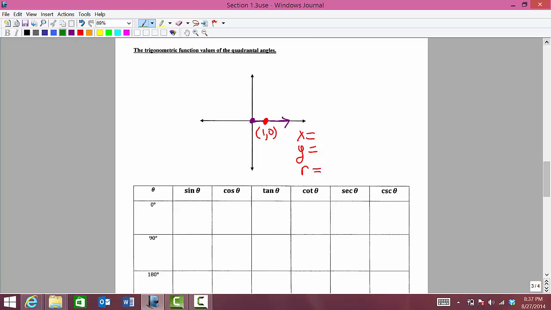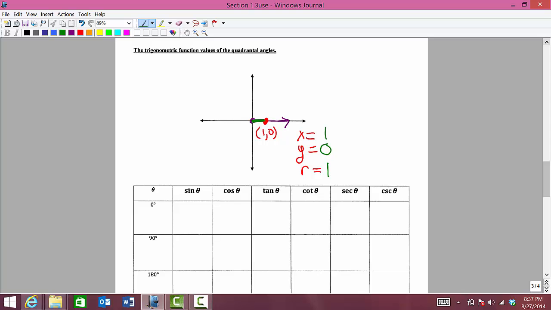So the x value of that point that lives on the terminal side, the x value would be 1, the y value would be 0, and remember that r is the distance from the vertex to the point that we picked on the terminal side of our angle. What is the distance here? And that's pretty simple. We could see that that would be a distance of 1.